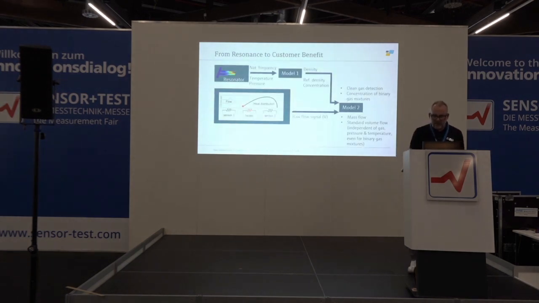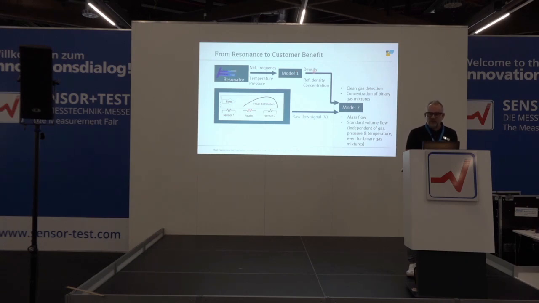So that's again the concept. We have this resonator, which has an output natural frequency. Then we have the temperature and pressure from the pressure sensor. Then we go to a model, we calibrate this sensor for density.